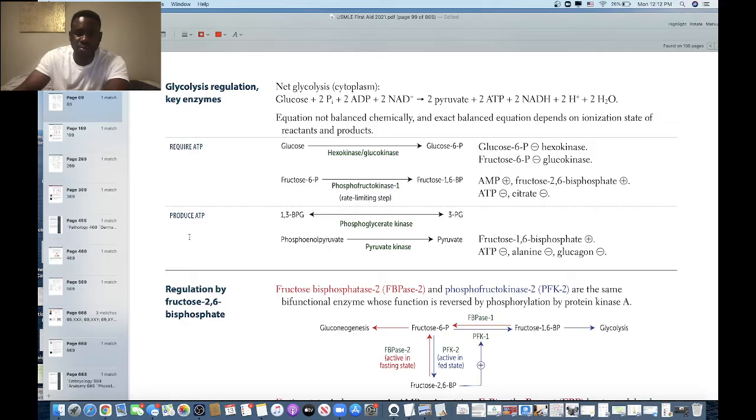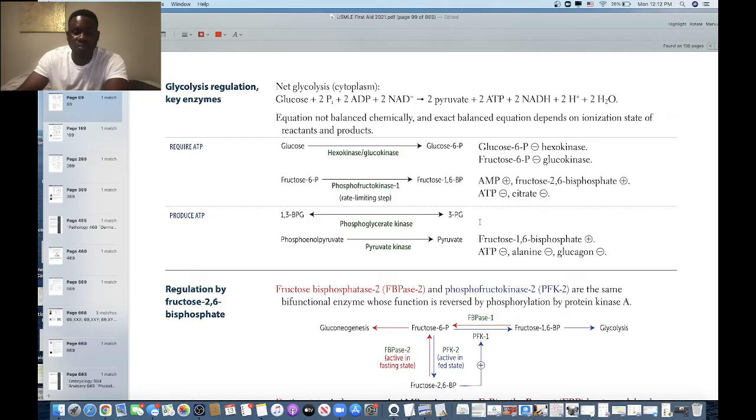These ones produce ATP. The next one is phosphoglycerate kinase, which makes the first ATP that we make, and this is the second ATP that we make. So 1,3-BPG is converted into 3-BPG using phosphoglycerate kinase. Here we make ATP, and then here also we make ATP.